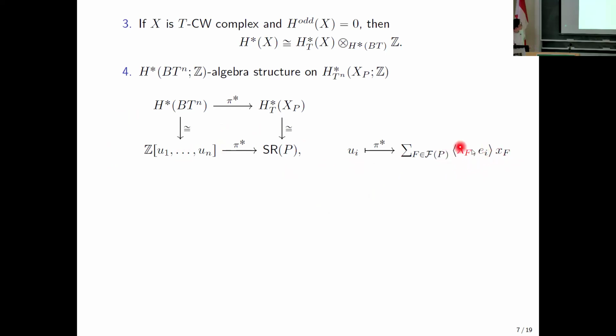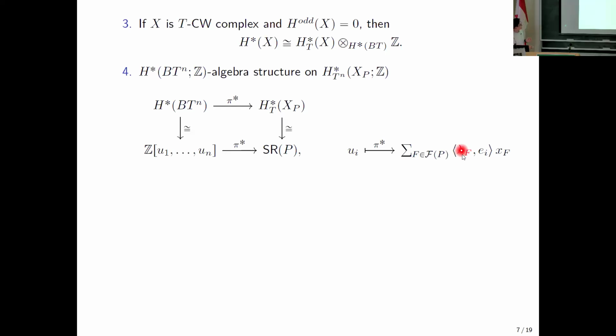But here, if you look at this, there is some information about the geometry. So remember that equivariant cohomology is isomorphic to the Stanley-Reisner ring. That's all about the combinatorics of the polytope. There's no geometry, just the combinatorics. But if you look at the singular cohomology, not just the singular cohomology but its algebra structure, the H^*(BT) algebra structure, that's the place where you can see the geometry of the underlying polytope, right?